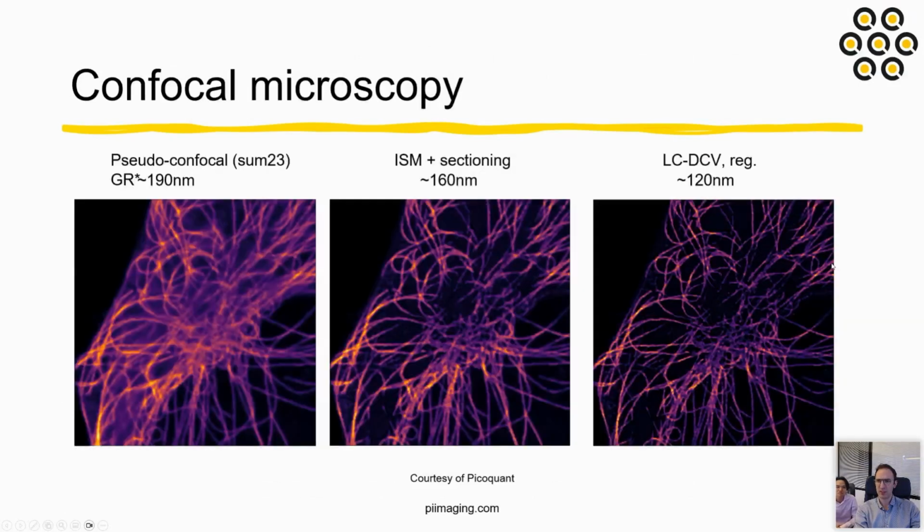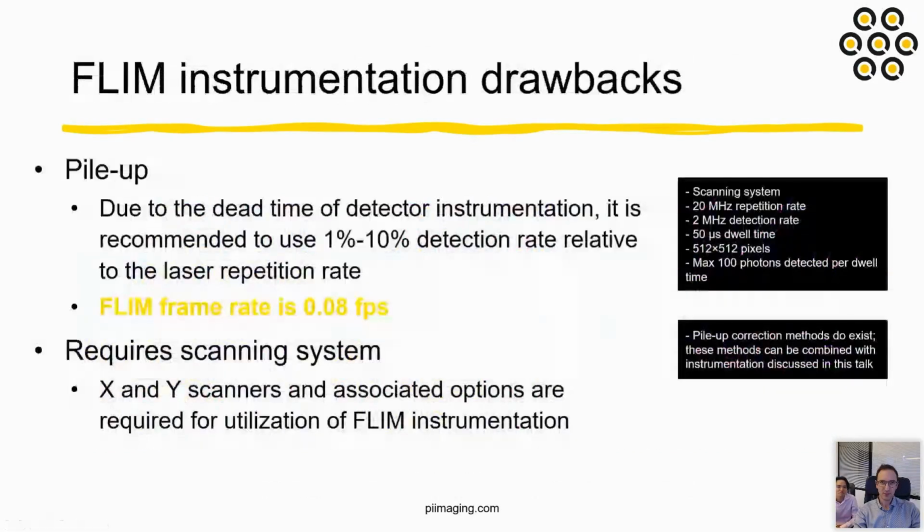If you want to quantify, as I mentioned, the resolution improvement, this is typically a factor of all the way to 2. So we go from approximately 200 nanometers diffraction limited resolution to all the way 100, 120 nanometers resolution.